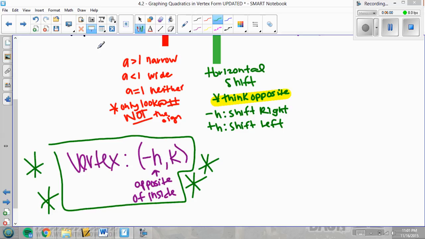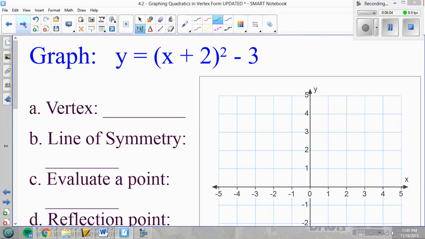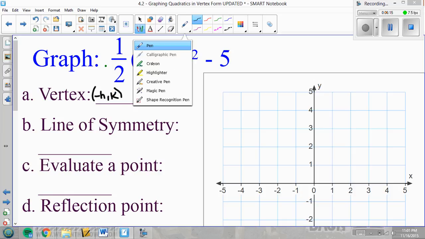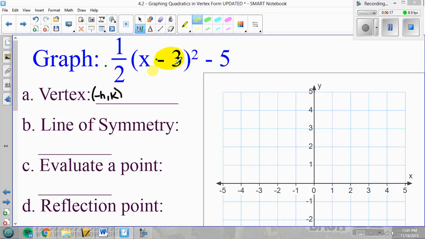So we're going to use this to do a couple examples. Okay, so the first thing we do is find our vertex. So remember our vertex was negative h. Okay, and negative h meant the opposite of the inside. So the opposite of negative 3 we know is positive 3. And k, the outside, stays the same. So 3, negative 5. So the opposite of the inside, outside stays the same.